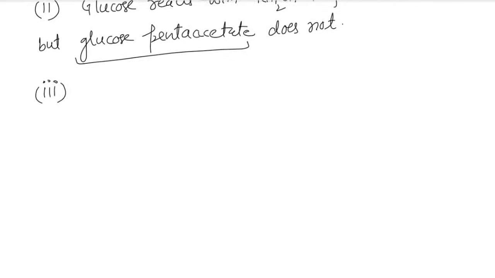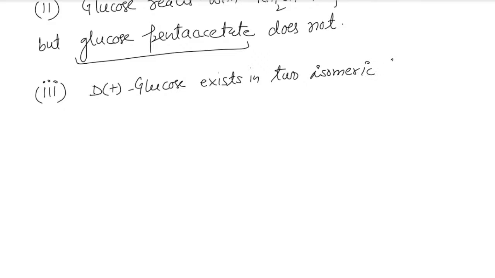Even D plus glucose exists in two isomeric forms, that is alpha glucose and beta glucose.